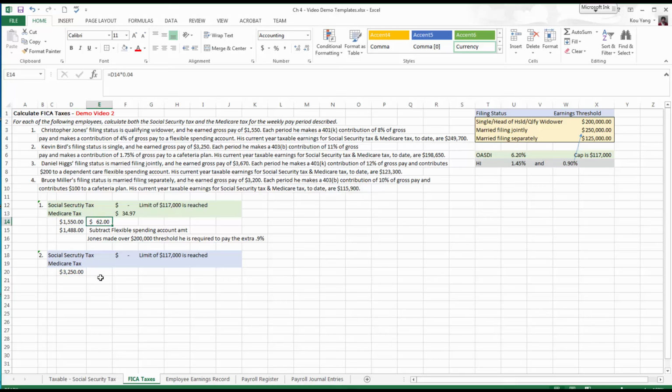And from that, I'm going to take $32.50 and multiply it by the contribution he makes with the cafeteria plan, which is 1.75%. So this amount must be subtracted from the gross amount to determine the amount that's taxable under HI, or Medicare tax. Okay.